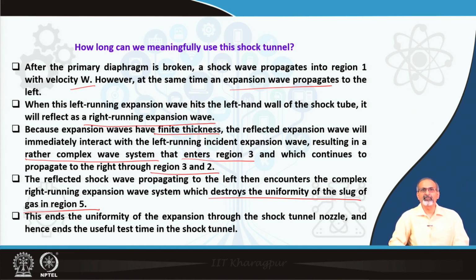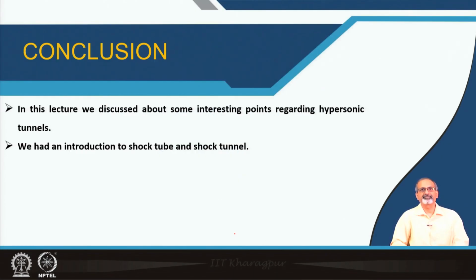This ends the uniformity of the expansion through the shock tunnel nozzle, and hence it ends the useful test time in the shock tunnel. So, we have to restrict the run time of the shock tunnel to the happening of the interaction of the reflected shock and the right running expansion wave family.